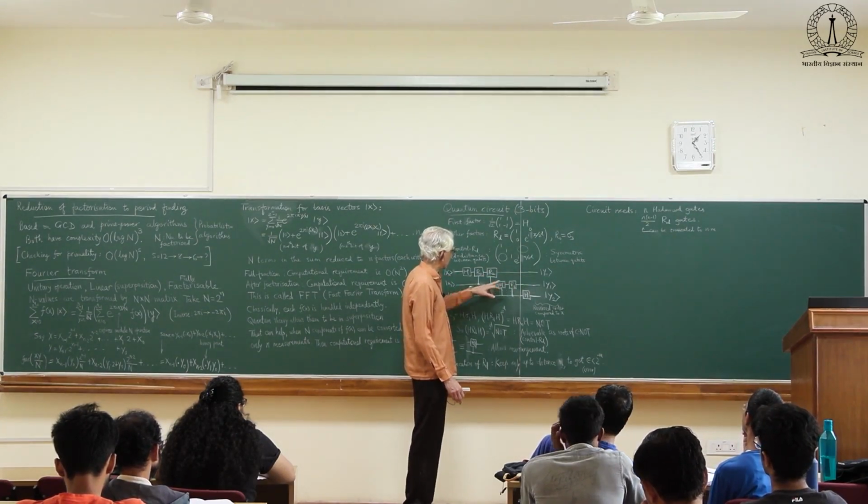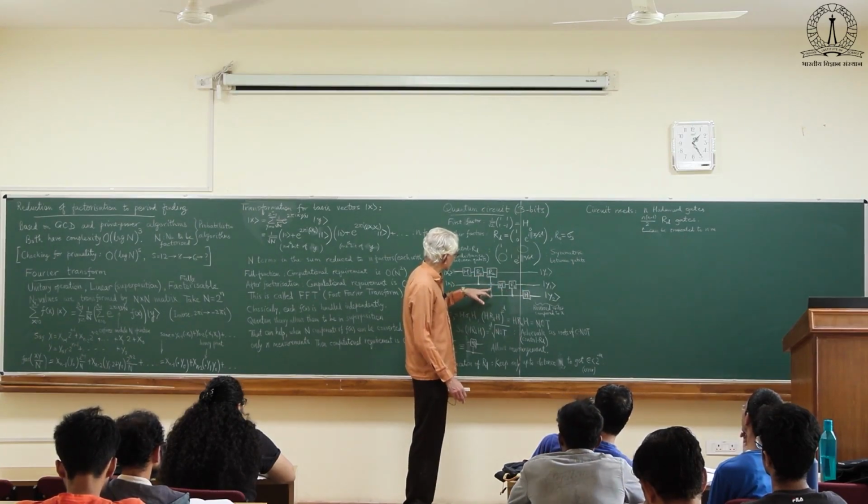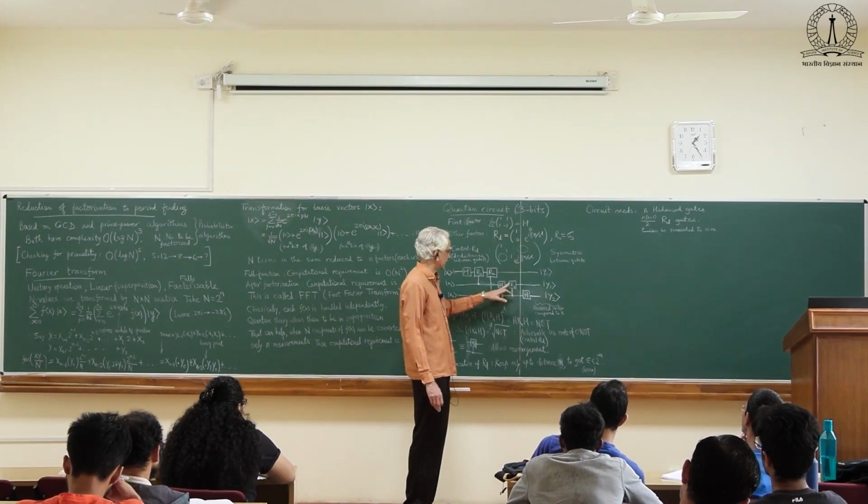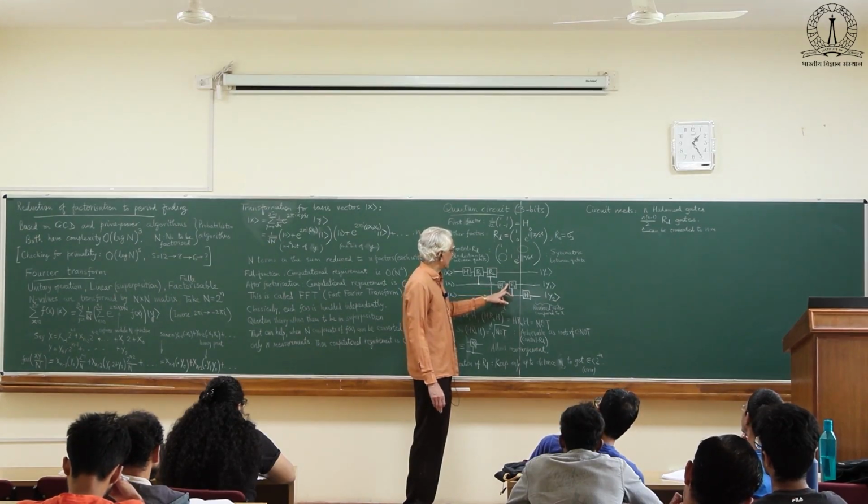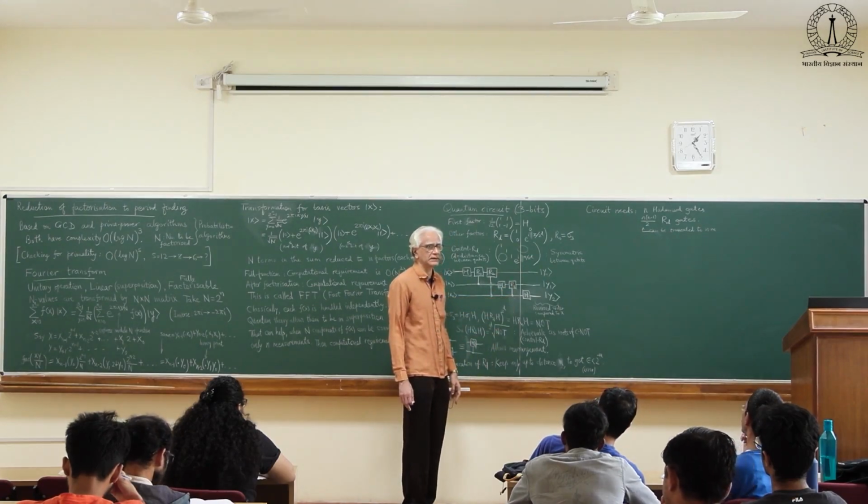Now there are 2 of them. I will apply this connection of Y0 to both of them. Then I will measure Y1 at this particular stage. And then depending on the value of Y1, I can act on this particular thing.